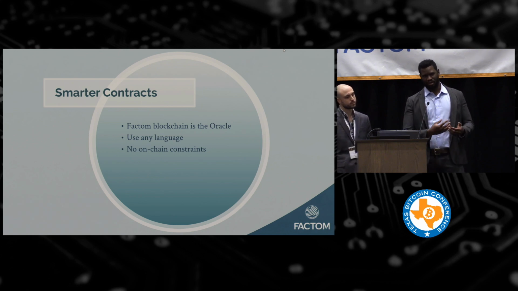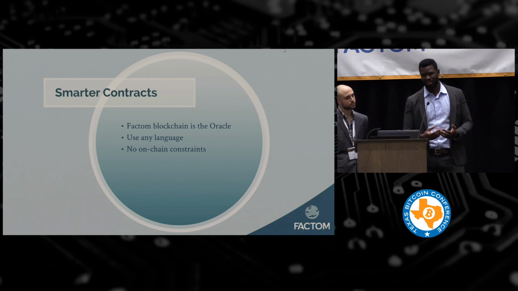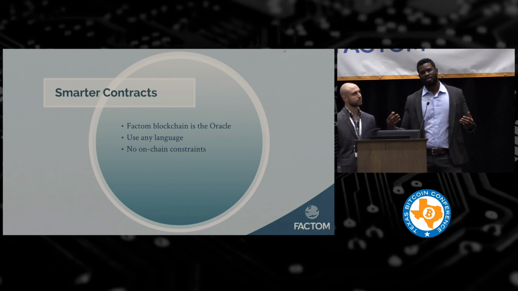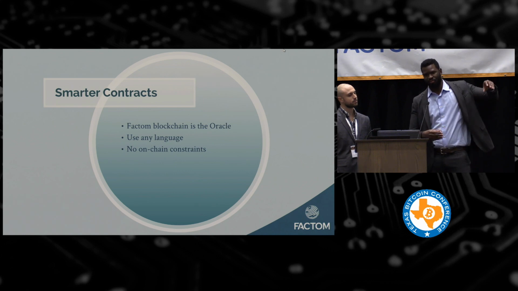If any of you guys are familiar with some of the technology debates that are going on in the blockchain community, one of the biggest issues is having an oracle that's able to publish and see in the world outside of the blockchain, right? If you're working with Ethereum and you want to make a token, that token can't actually send money to your fiat bank account. It has no way to communicate with the outside world.